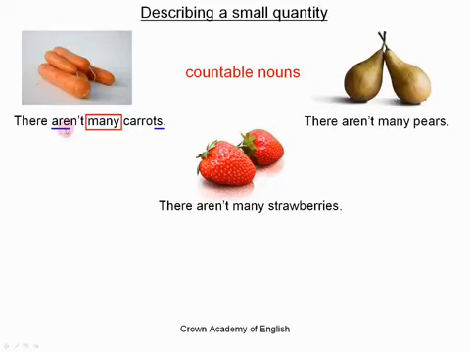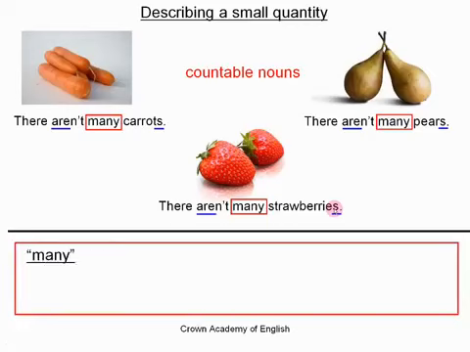This is the third person plural of the verb to be. And it is obviously in the negative form. And it is the same here. There aren't many pears. There aren't many strawberries.